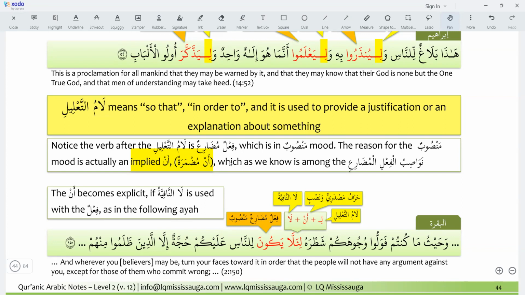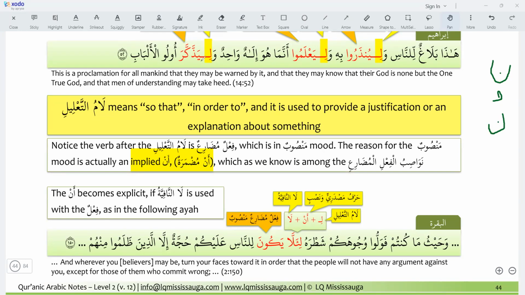The dhamma changes into fatha. We have learned that when there is a nun, they are marfu. And then the two verbs, they are mabni, so they don't change.